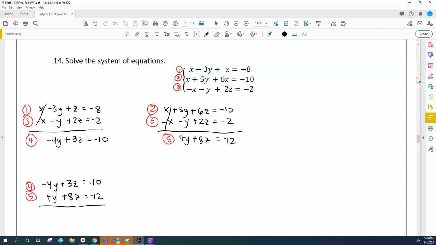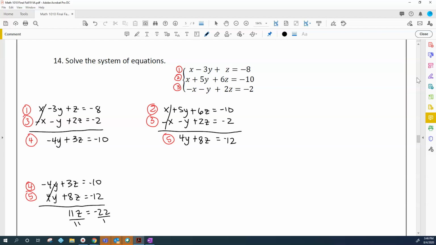But remember, if they didn't cancel out right away, I'd have to multiply either one equation or both equations by something. I'll do another one tonight at the review this evening where maybe it doesn't work out so nice and neat, but this was off of a final exam, so I'm just showing you. Sometimes the people that write it are nice about it. Then we're left with 11z equals negative 22.